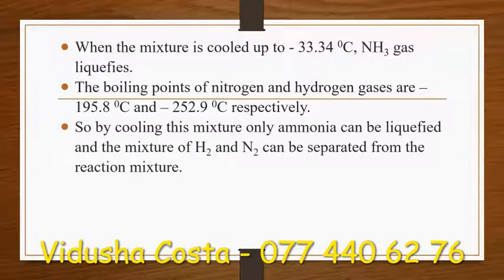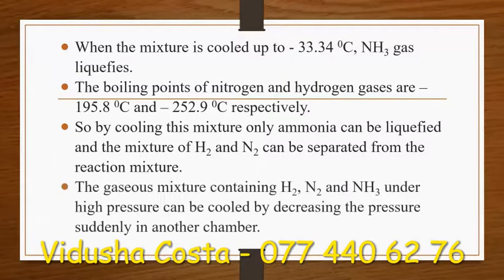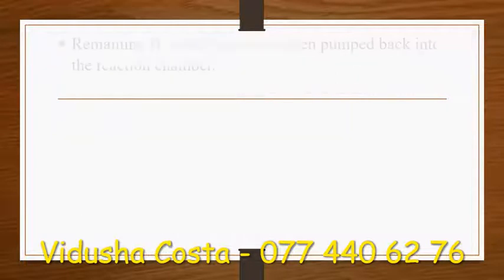So by cooling this mixture, you can separate ammonia as a liquid, and the mixture of hydrogen and nitrogen can be separated from the reaction mixture. That's what we do. The gaseous mixture containing hydrogen, nitrogen and ammonia under high pressure can be cooled by decreasing the pressure suddenly in another chamber, then ammonia liquefies.